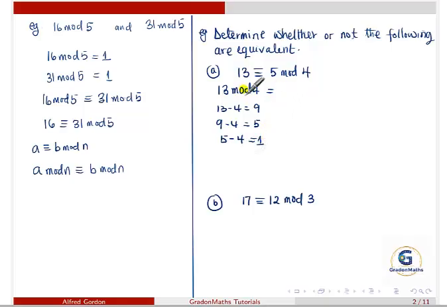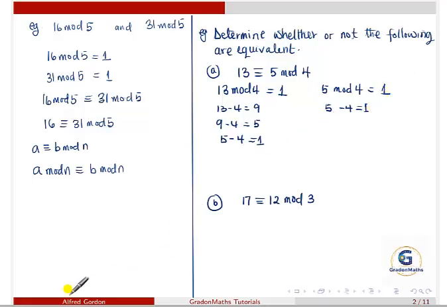So 13 mod 4 gives us 1. Also, for 5 mod 4, we can do 5 minus 4 and we have 1.